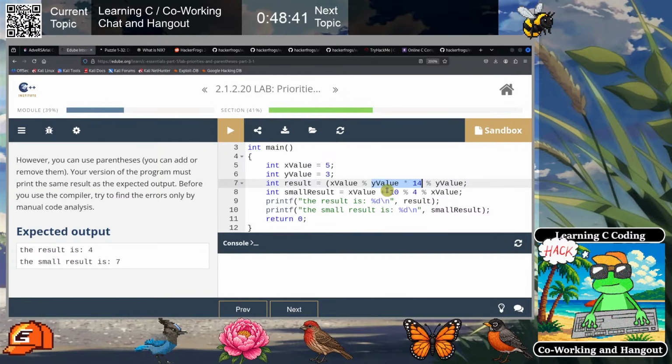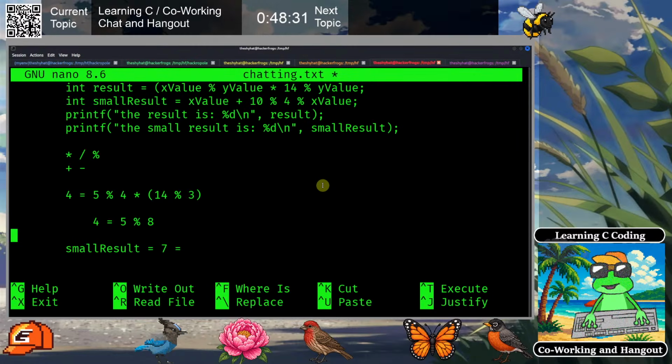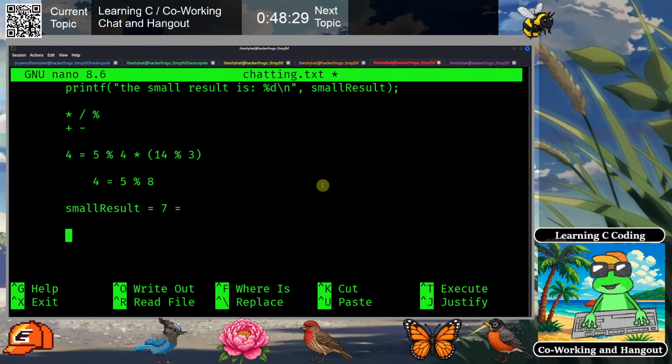This is 42. So it would be 5 modulo 42. So 5 modulo 42 is basically the same as 5 minus 42.